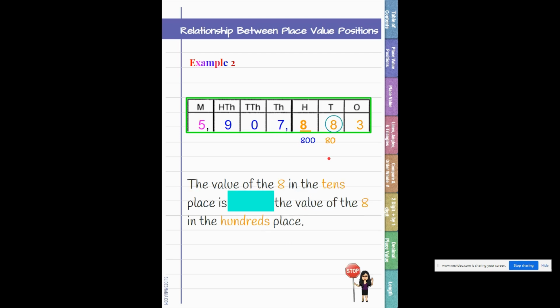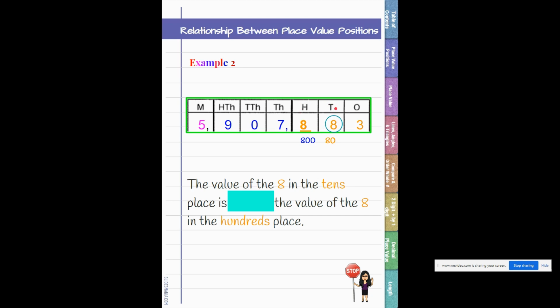In example 2, we have the number 5,907,883. The value of the 8 in the tens place is blank the value of the 8 in the hundreds place. So now we're comparing the tens to the hundreds.